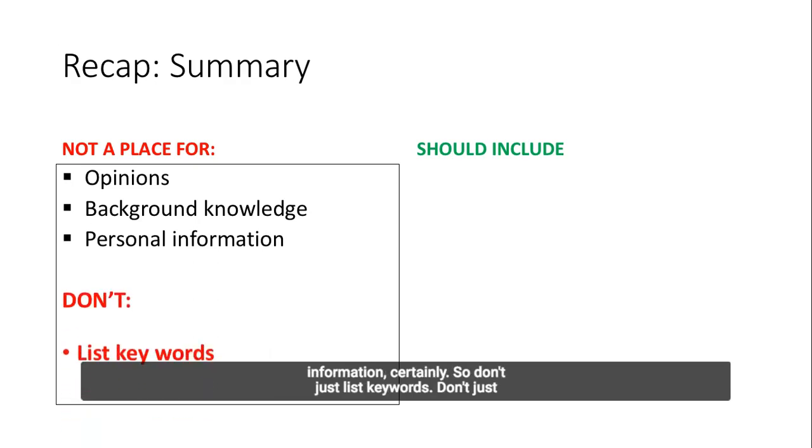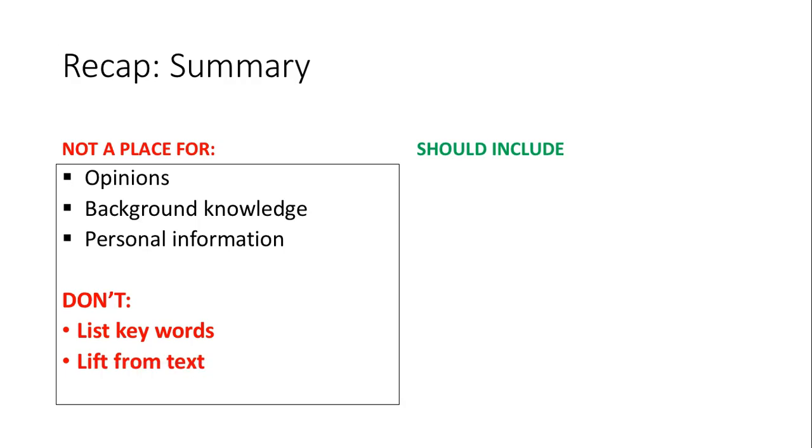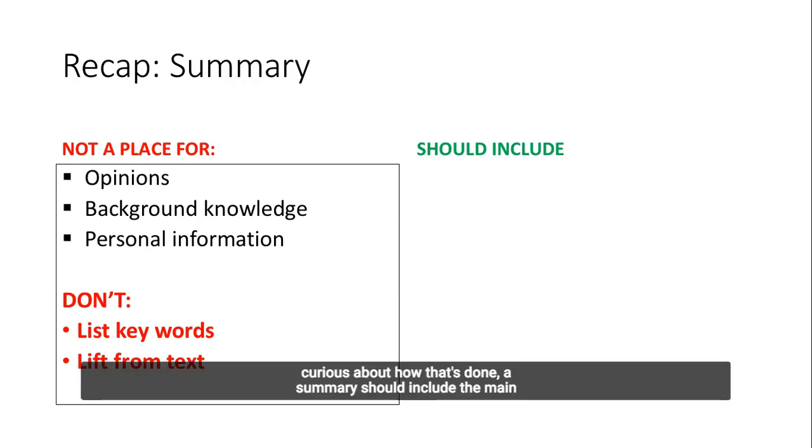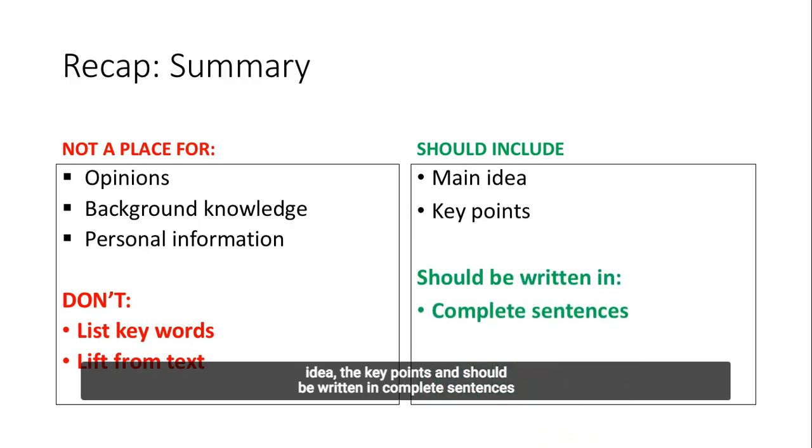So don't just list keywords. Don't just lift from the text. The best way to write a summary is indeed to paraphrase. And take a look at the video on paraphrasing if you're curious about how that's done. So a summary should then include the main idea, the key points, and should be written in complete sentences and in your own words.